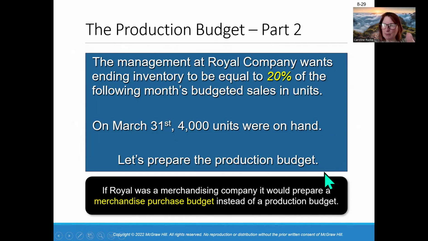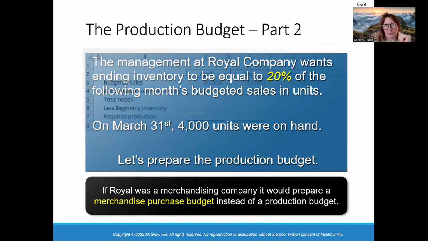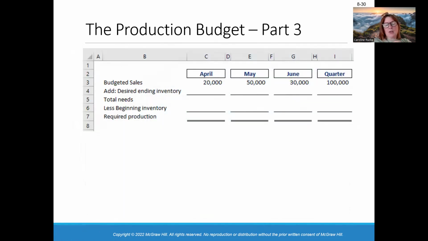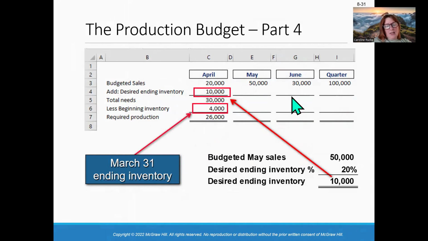That means when you start the month, you want to have 20% of what you need. So we have our budgeted sales in units. Now we have our desired ending inventory. We need to start each month with 20% already. The first day of May, we need 20% of May's inventory already on hand.